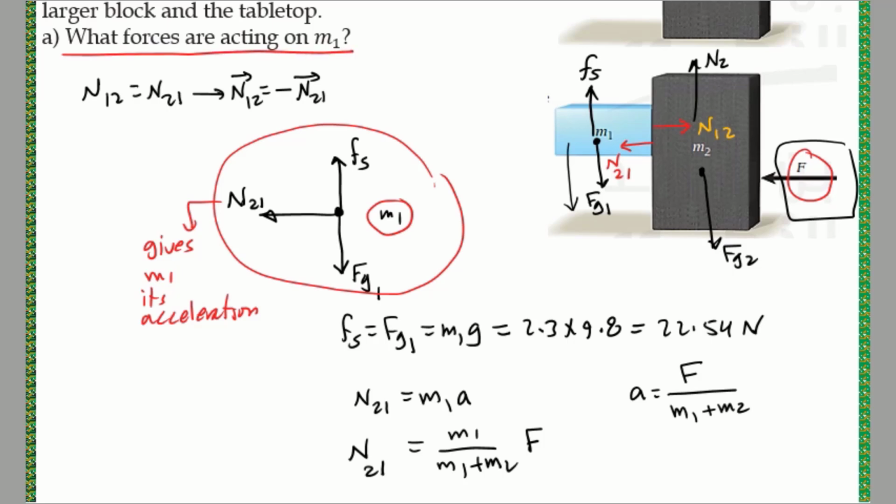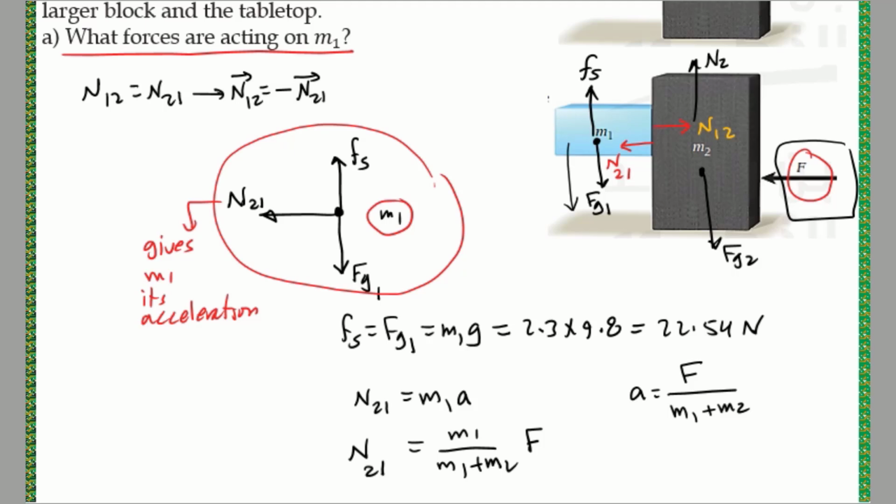What forces are acting on M1? M1 is affected by three forces. The gravity will pull it down, Fg1. Against the gravity, there is a static friction to prevent motion in the vertical direction.